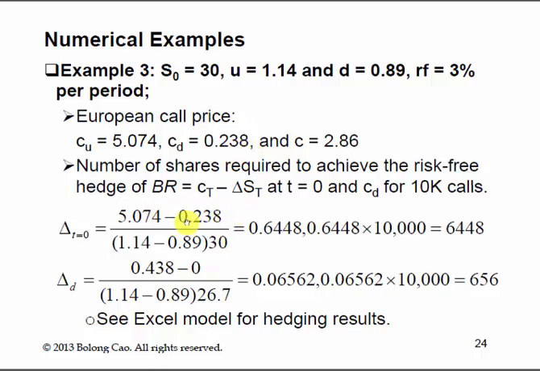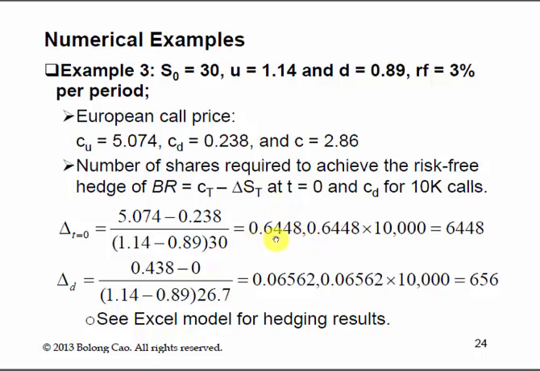So that's the difference between the call values, and we know the denominator is the distance between the two up and down proportions times the spot price, the current underlying price at time 0. This is basically the up and down underlying price difference. So that is 0.6448.